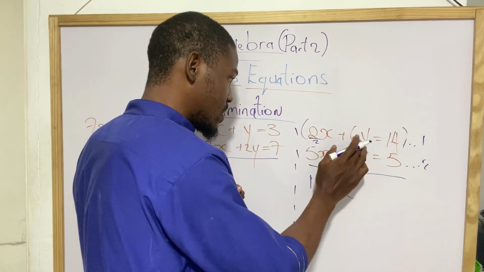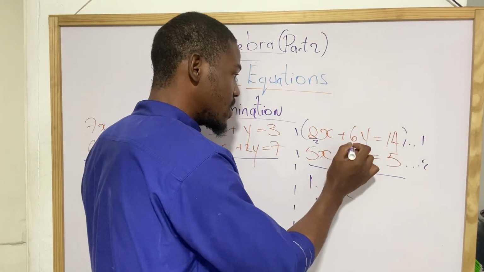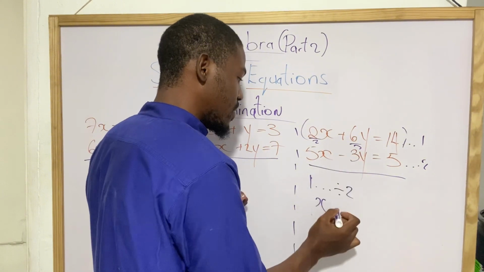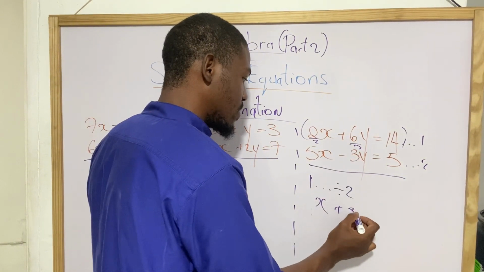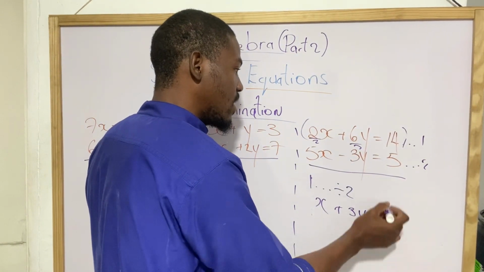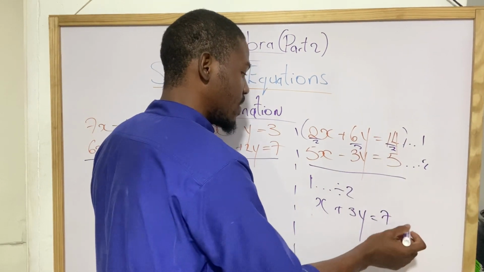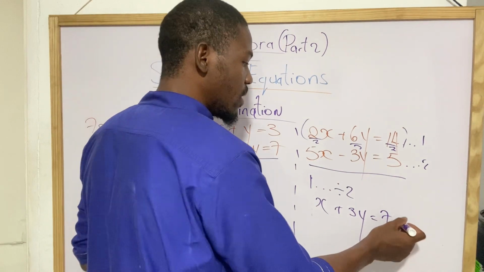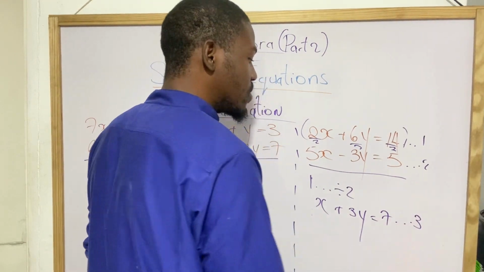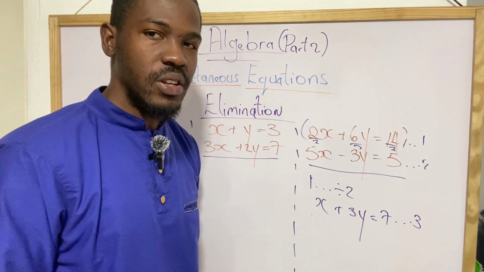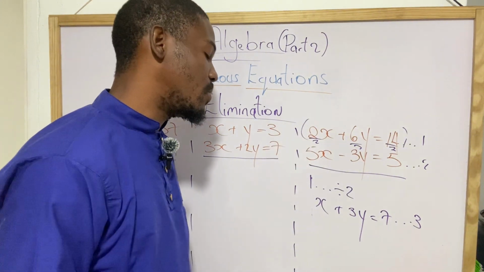And 2 into 6 gives me, remember the plus sign, 3y. And then we have 14; 2 into 14 gives me 7. So this now would be equation 3, which is an equivalent equation to equation 1.